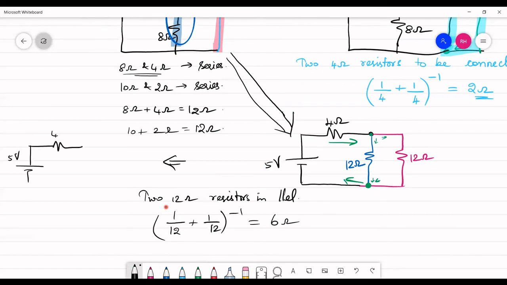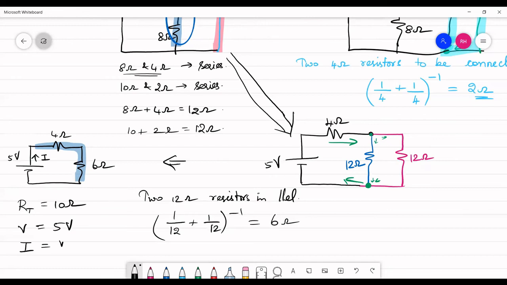Here we have a 4 ohm resistor in series with 6 ohm resistor, because whatever current flows here is going to flow through both. So the total resistance of the given circuit is 10 ohm, and the voltage is given as 5 volt. So the current that comes out of this battery, if I call it I, is equal to V by R, applying Ohm's law. That is equal to 5 divided by 10, which is 0.5 ampere.